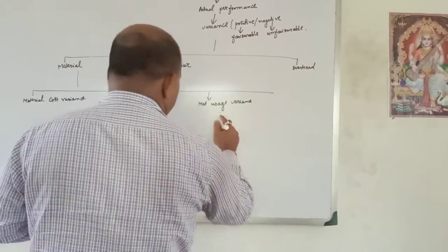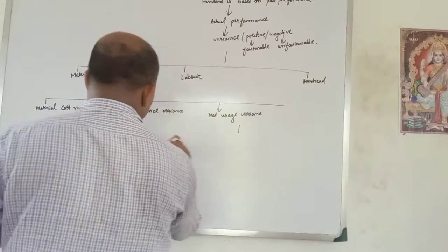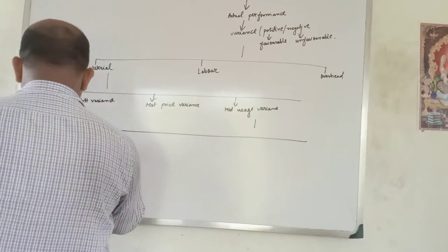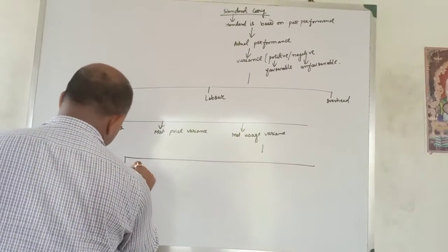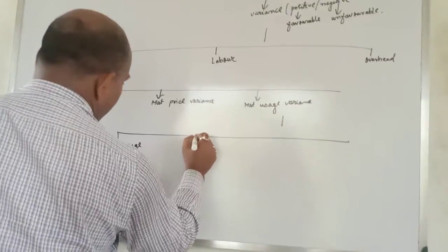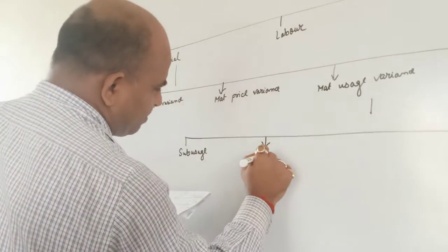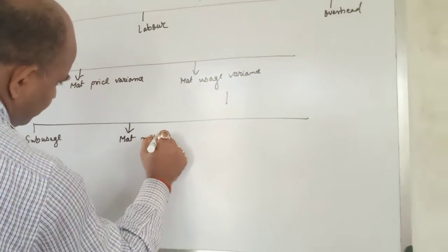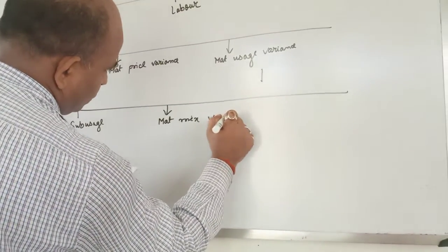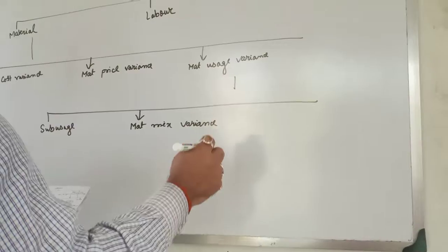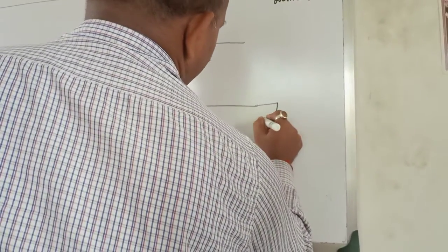Now, usage variance is of three types: sub-usage, mix variance, material mix variance, and material yield variance.